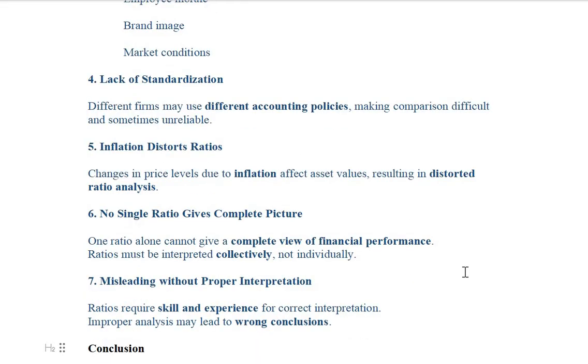Also, it can be misleading without proper interpretation. When you calculate a ratio, you have to give an interpretation, and that interpretation has to be based on the present aspect. But giving an interpretation based on what we calculated can lead to a wrong path for the future also.